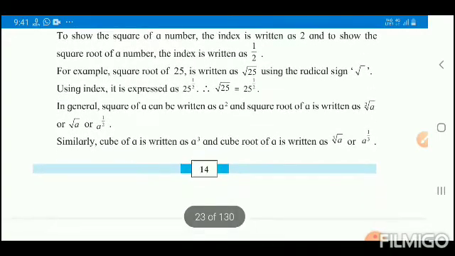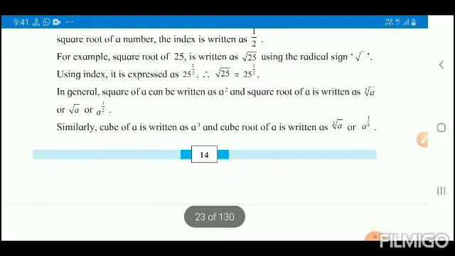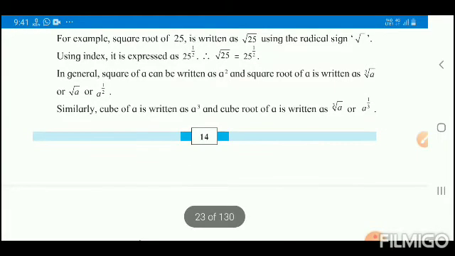Now using index, it is expressed as 25 raised to 1 upon 2. That is nothing but the square root of 25 is equal to 25 raised to 1 upon 2, and the answer is 5, because the square root of 25 or 25 raised to 1 by 2 is equal to 5.